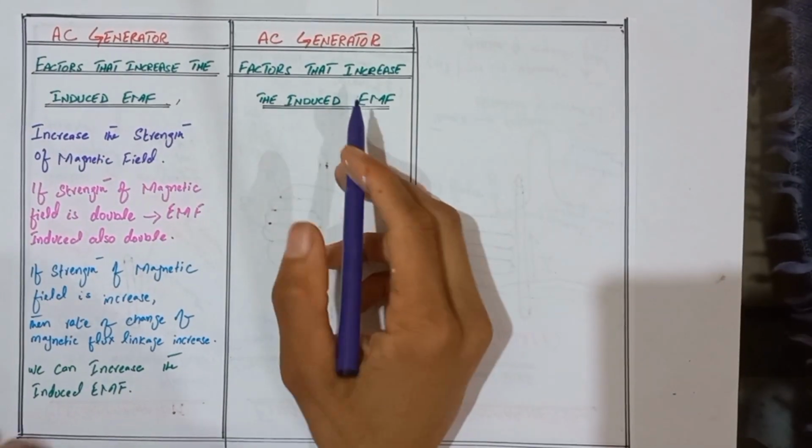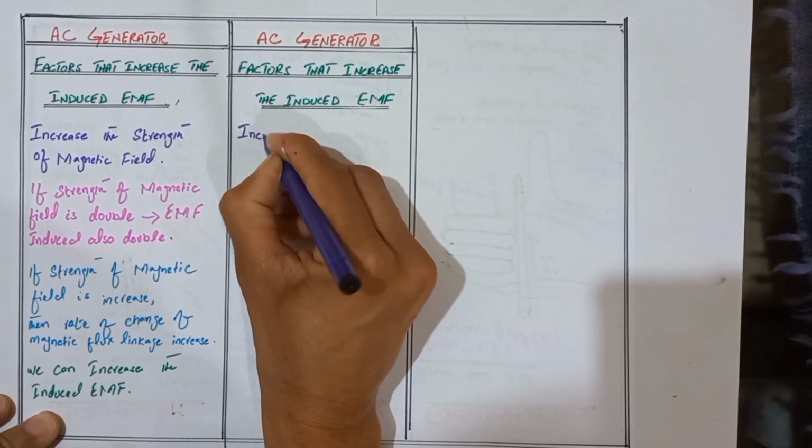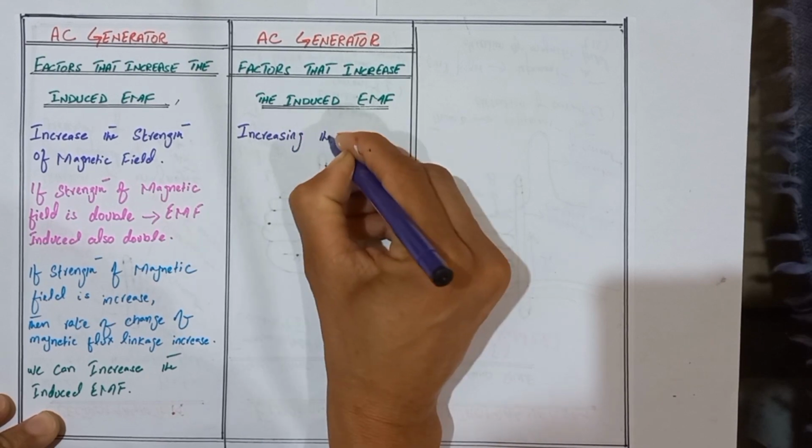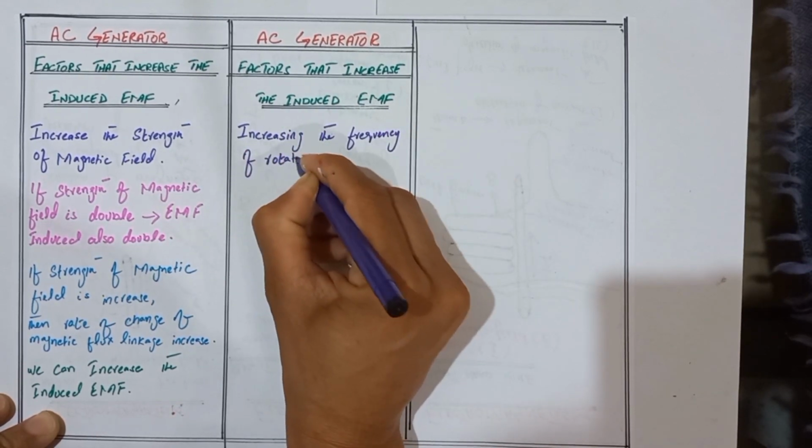The third factor by which we can increase the induced EMF in an AC generator is by increasing the frequency of rotation.